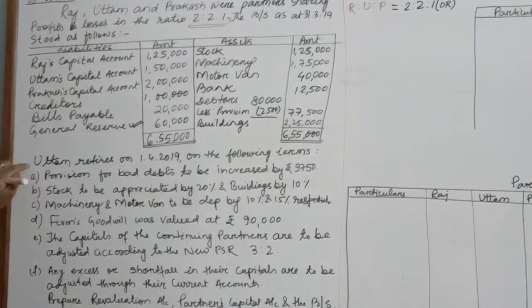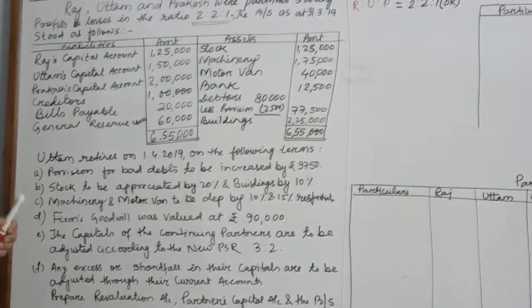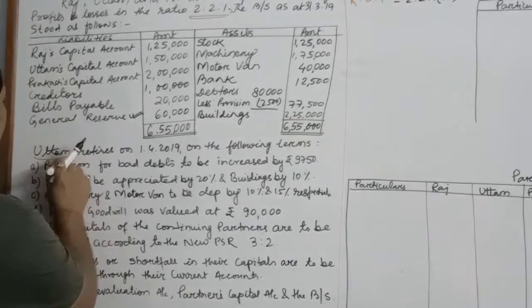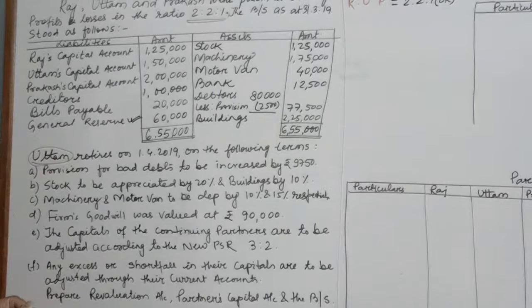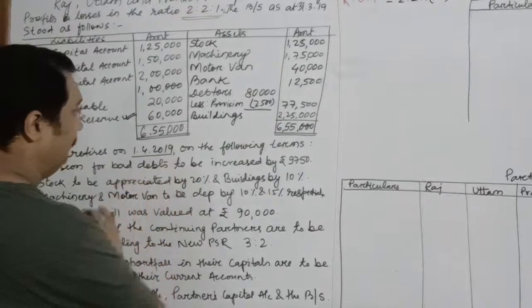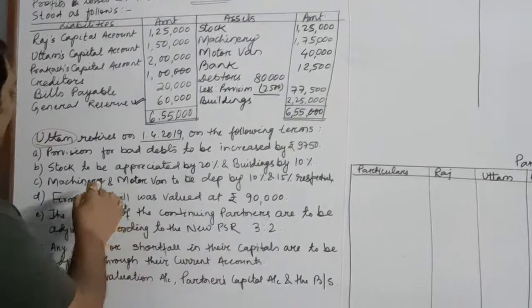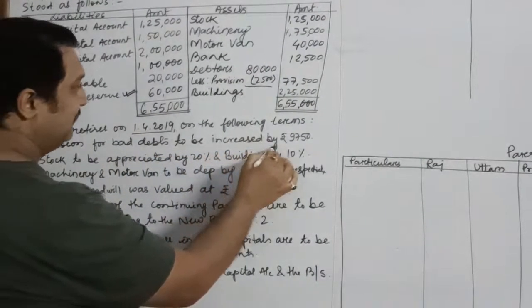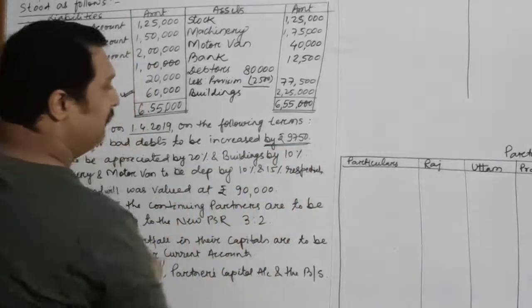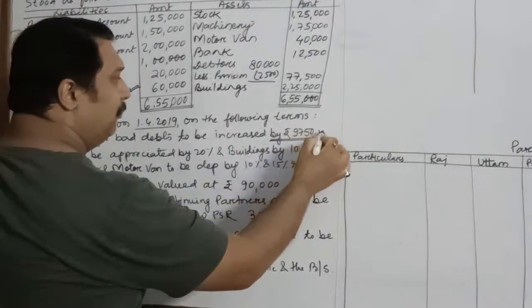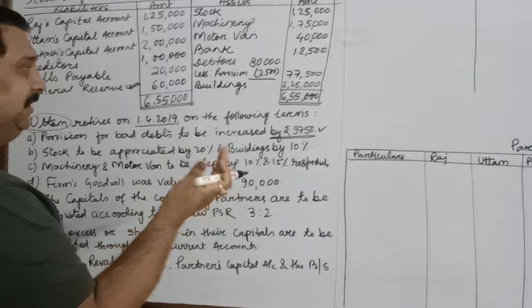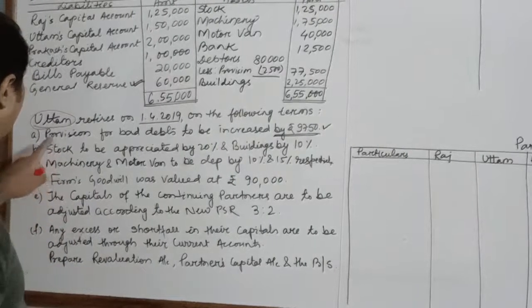Now over here the adjustment says that Uttam retires. This is Uttam who is retiring on 1st April 2019 on the following terms. Provision for bad debts to be increased by 9750. Children, this is an item of revaluation account. So let us continue with the revaluation.